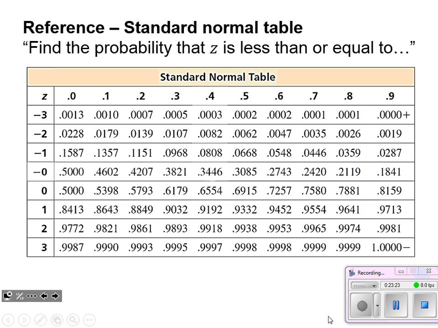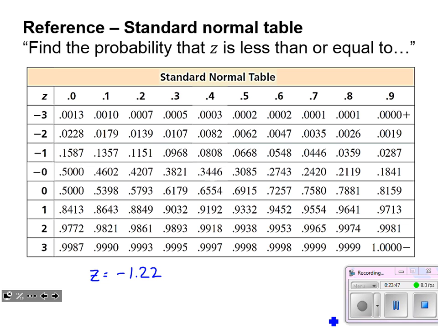So let's say we're looking at an x value, and we find the z-score for that x value using that formula on the last slide. Say that equaled negative 1.22. Okay, that's telling me that my z-score is negative 1.22, so I'm less than my mean.